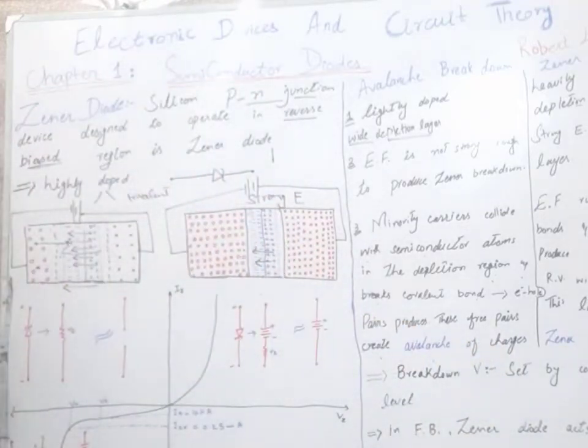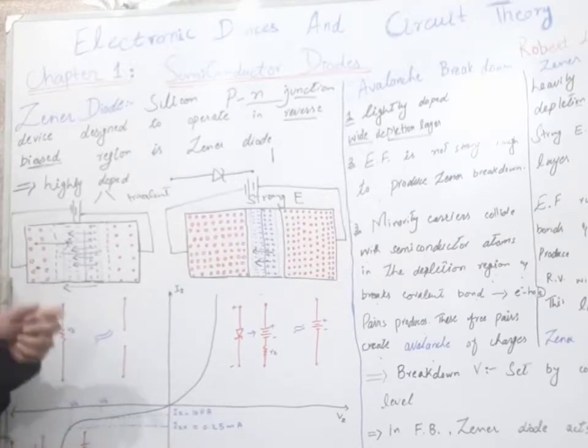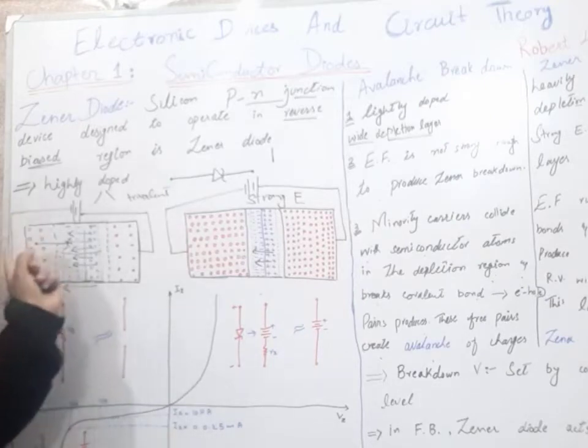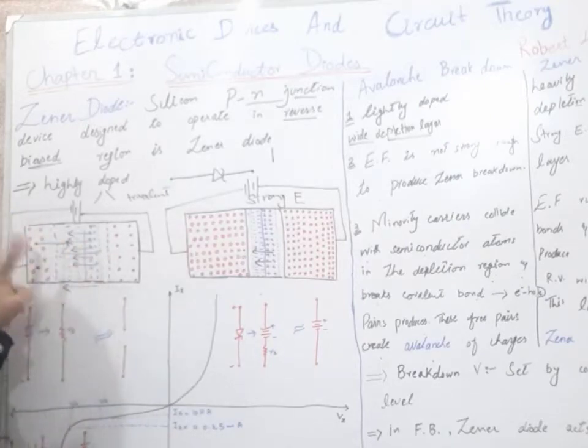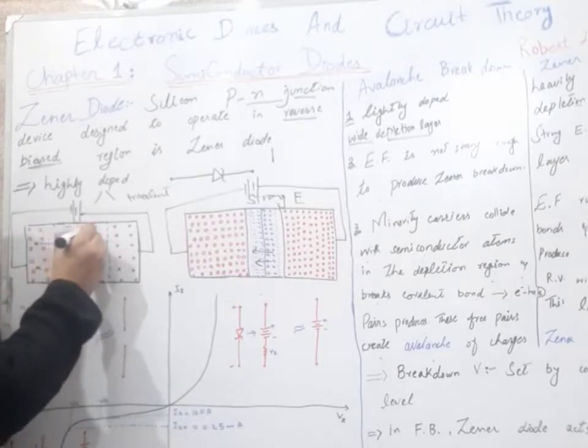Let us consider this is an electron. This electron will move into the depletion layer, and there it will collide with a semiconductor atom and break the covalent bond. When the covalent bond breaks, an electron hole pair is produced.